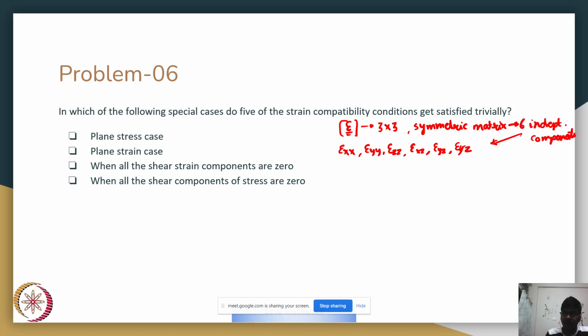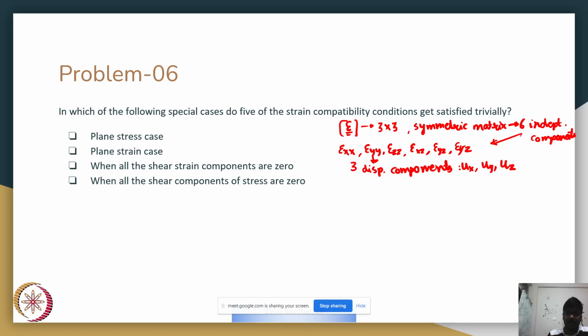You could, in theory, take 6 independent functions, but what we see is that these are actually coming only from 3 independent displacement components: ux, uy, and uz.